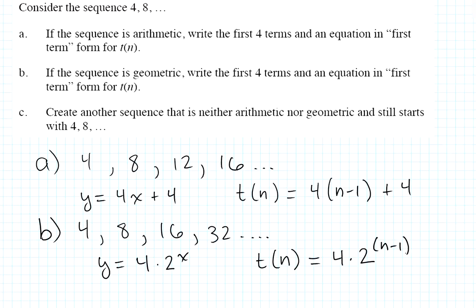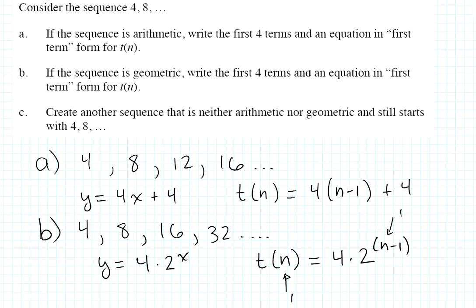And again, if n is 1, if I want to know what my first term is, I would place 1 into the function here. 1 minus 1 is 0, so this becomes 4 times 2 to the 0 power. 2 to the 0 power equals 1. 4 times 1 is 4. So this definitely generates the correct value.